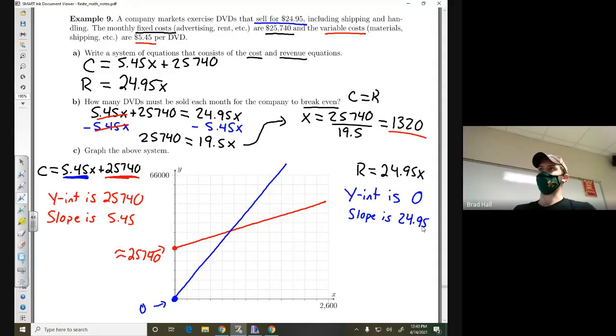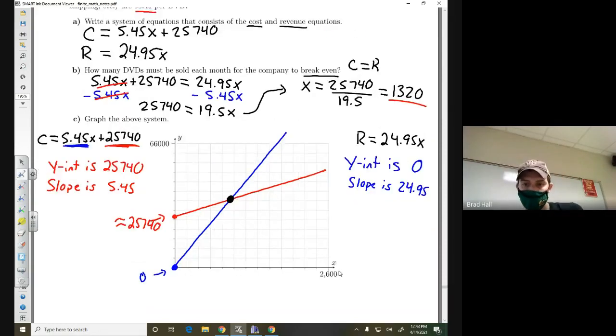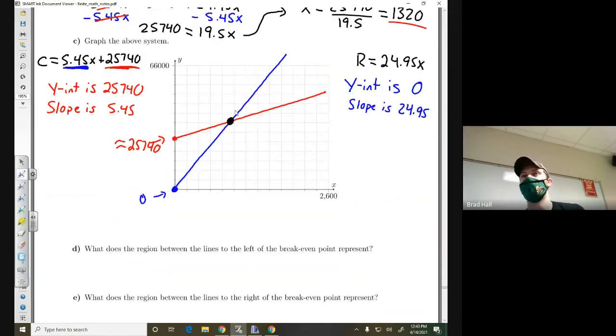And so this is us graphing the above system. Ultimately, the break-even point is right there where they intersect, which we already know, so we don't need to go into that any further.